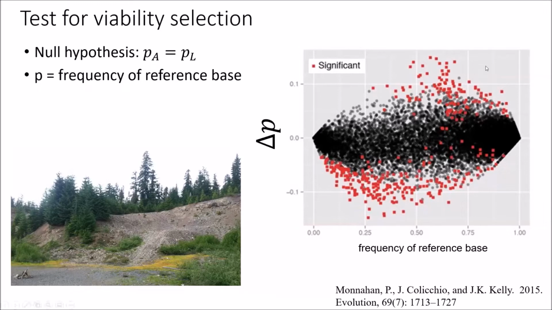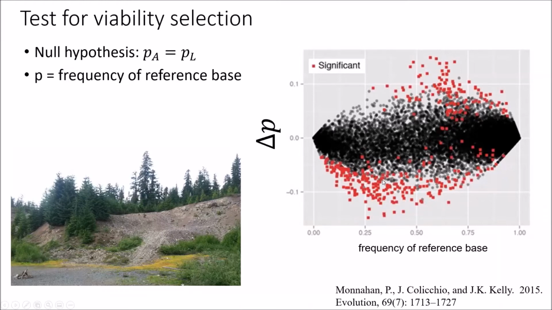So that's all nice, but what good is this kind of information? Well, in isolation, even something as simple as this is interesting and can provide information, one, about the genome-wide scale of selection, but secondarily about characteristics of selection. For example, you'll notice in this particular case where I've plotted the change in allele frequency versus the initial frequency, that most of your red points are up in the upper right or lower left.